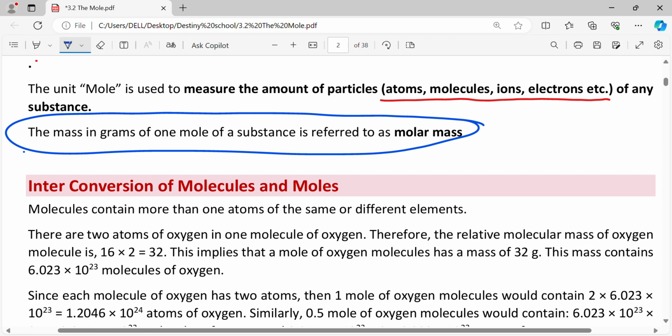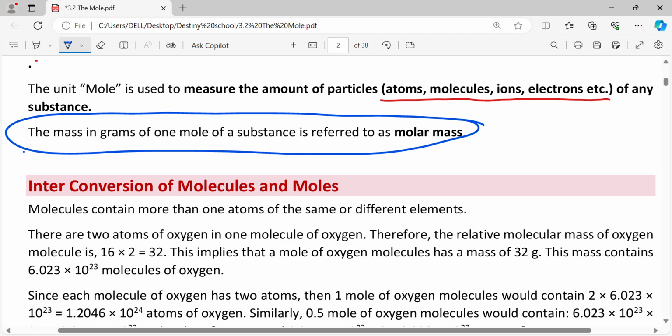A single mole of sodium means that we are going to have 6.023 times 10 raised to 23 atoms of sodium. If you have that many atoms of sodium, then you have 1 mole of sodium.